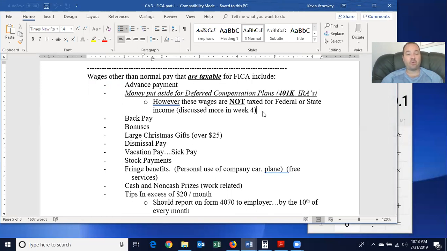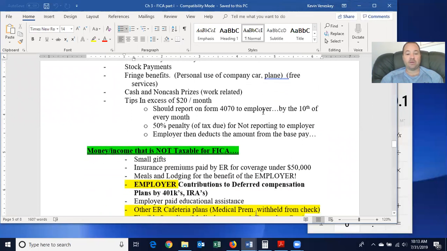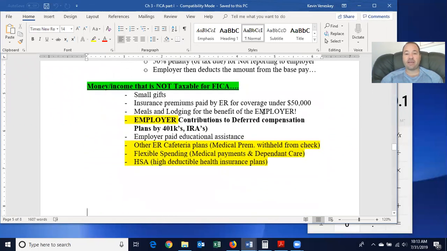Lots of people have money put away into their retirement accounts, and it's got to be remembered that that money is taxed currently for FICA, but not for your deferred compensation plans like a 401k. And these are items specifically outlined in the tax law that are not taxed for FICA.